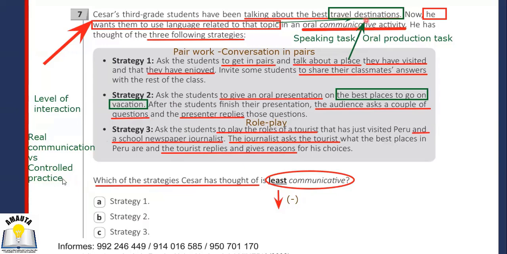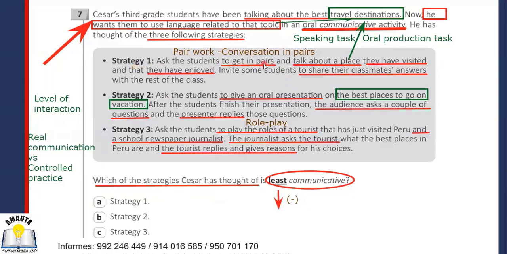According to these aspects, we should analyze, right? The question says, which of the strategies is least communicative? The level of interaction in strategy 1, right, is fine, is good.